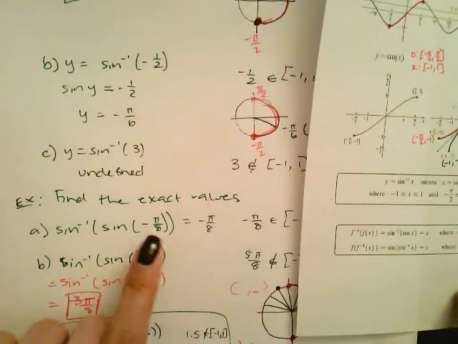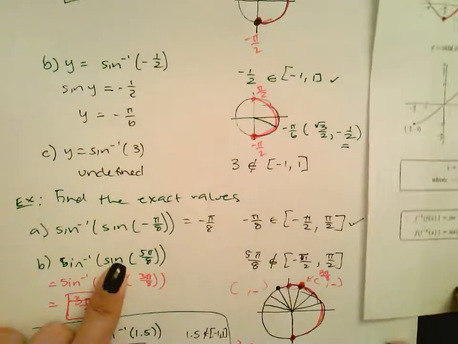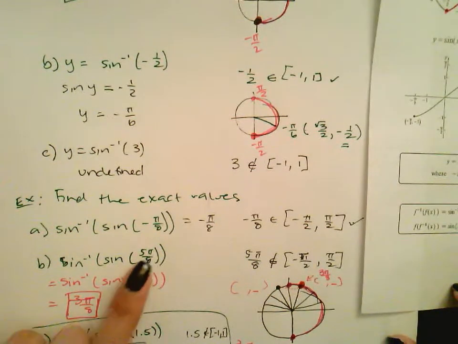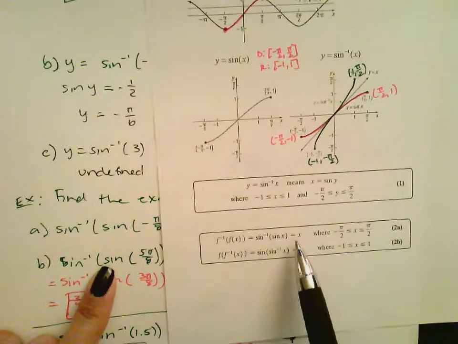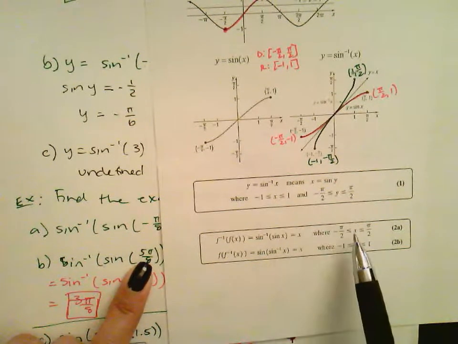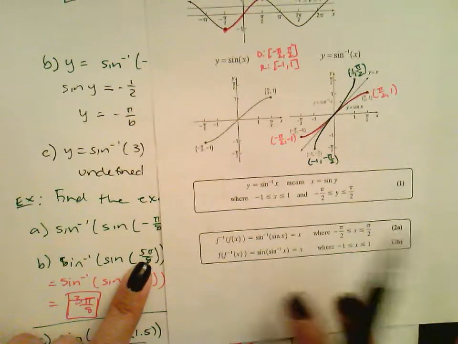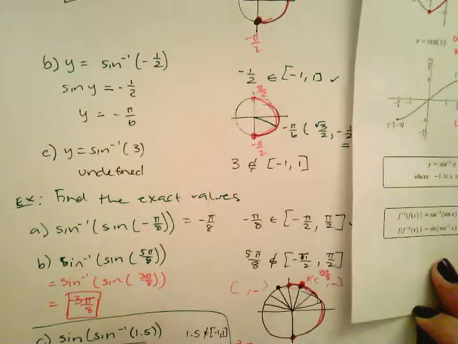So I'm checking to see if negative pi over 8 is between negative pi over 2 and pi over 2. For this one, my input is 5 pi over 8. It's the input for a sine function, so it still matches that first rule. My input x, in this case 5 pi over 8, has to be between negative pi over 2 and pi over 2, so we're checking that.